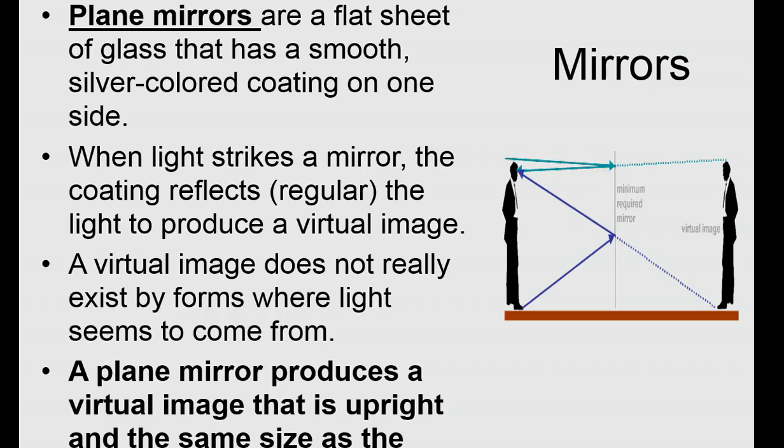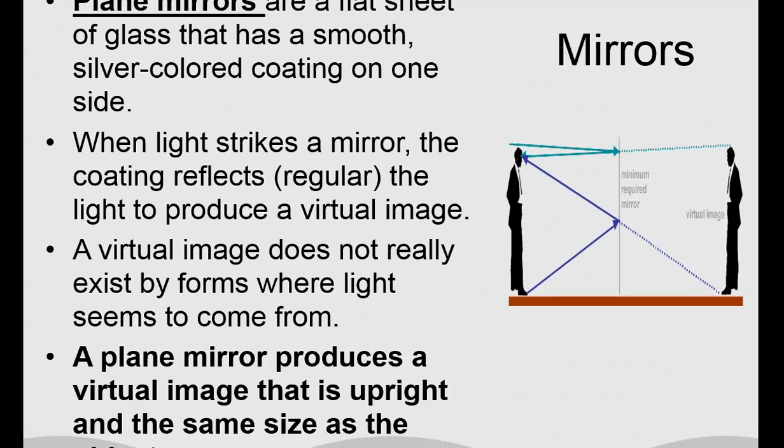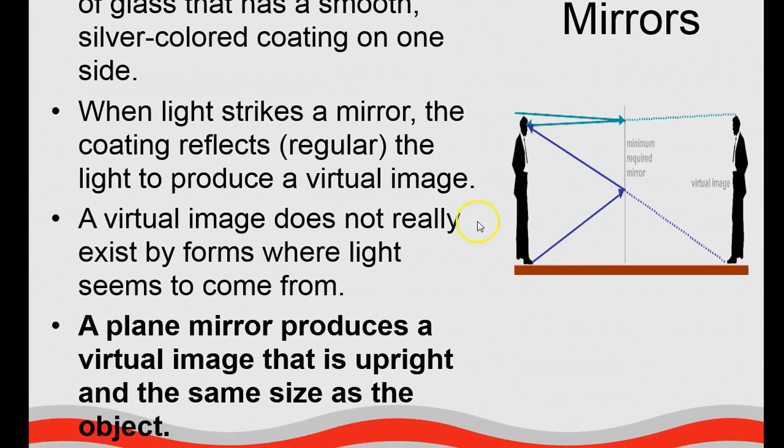A virtual image doesn't really exist. Like, there's not another person here, but it just shows where the light seems to come from. A plane mirror produces a virtual image that is upright, so it's going in the same direction as the thing making the image, and it's the same size as the object. Plane mirrors are what we look in to check our image.